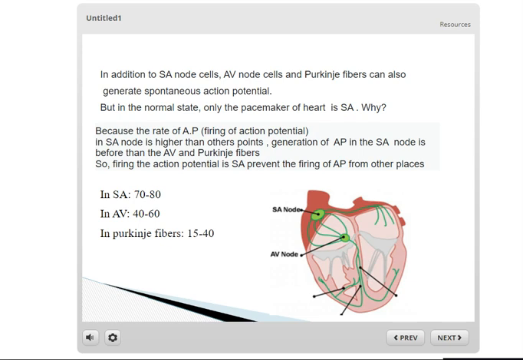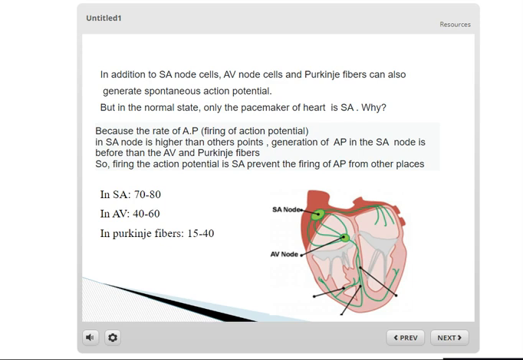The higher firing rate of the SA node ensures that it generates an action potential before the other pacemaker regions, thereby overriding their spontaneous activity and establishing the SA node as the dominant pacemaker. This hierarchy of pacemaker activity is essential for the coordinated contraction of the atria and ventricle.